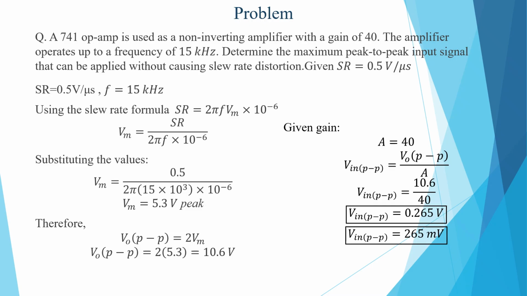Therefore, Vout peak to peak will be 2 Vm, that is equal to 10.6 volt. Then A is given as 40. A is the gain of the amplifier. So Vin peak to peak equal to Vout peak to peak by gain. So Vin peak to peak is 265 millivolt.